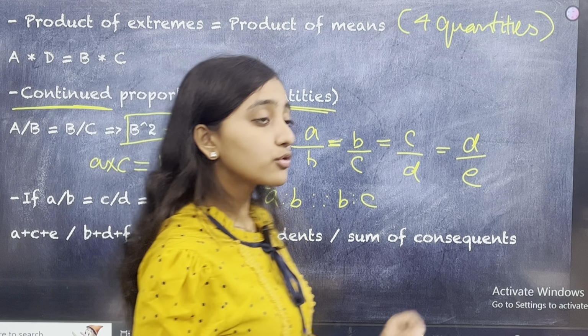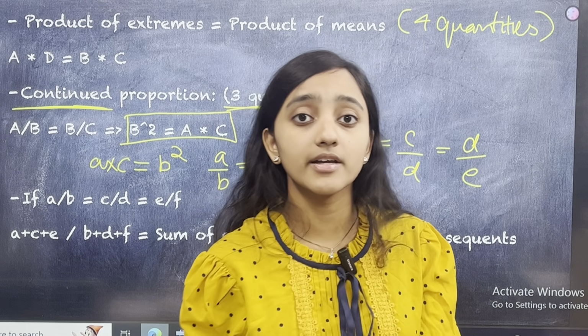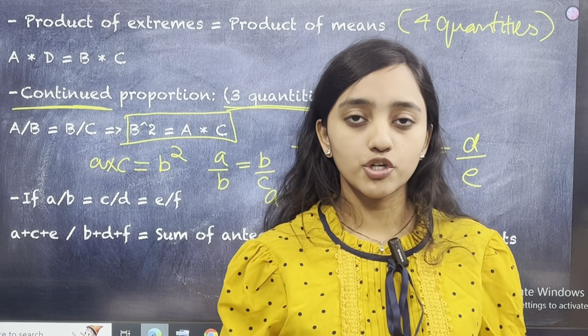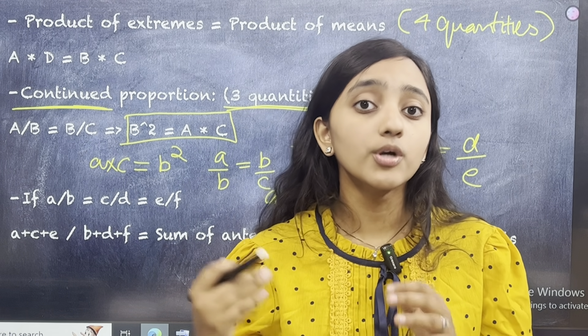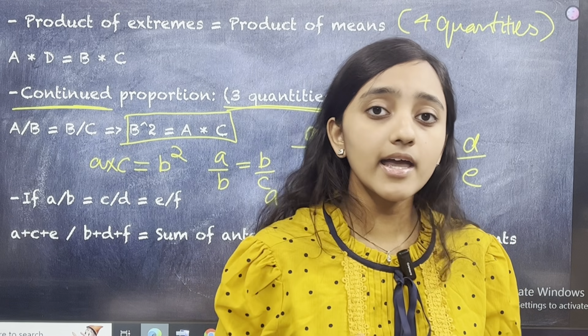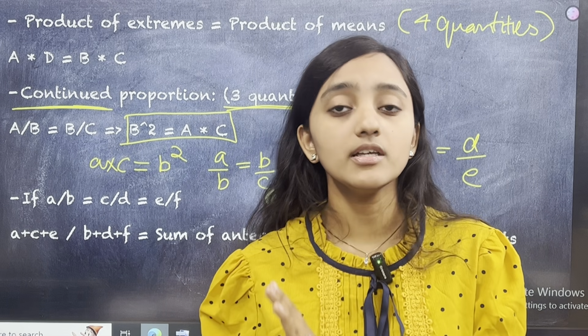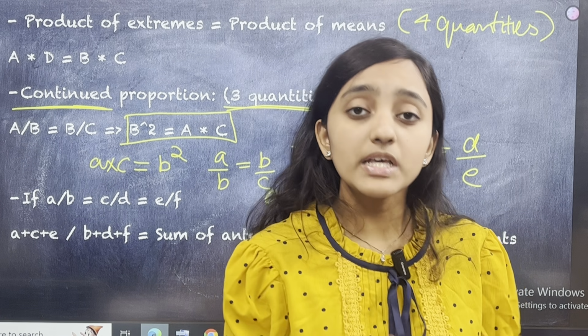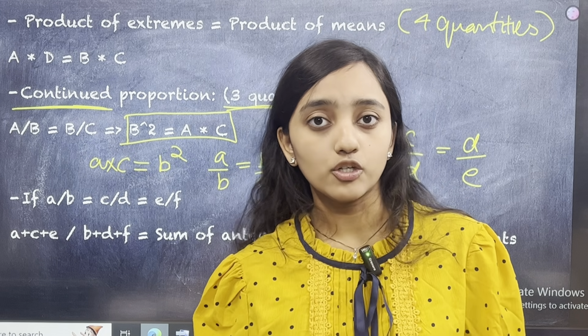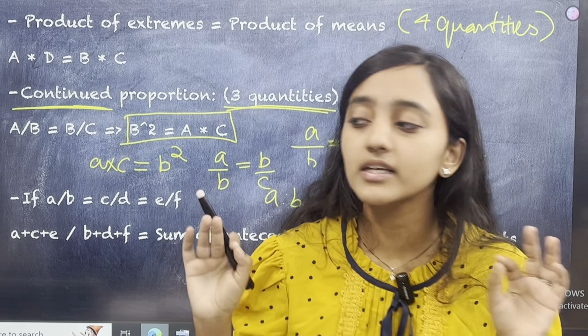I want you all to write it down in your notebook and actually box it: in continued proportion, A by B is equal to B by C. That is, A is to B as B is to C, and therefore B square is equal to A into C. This is very, very important.